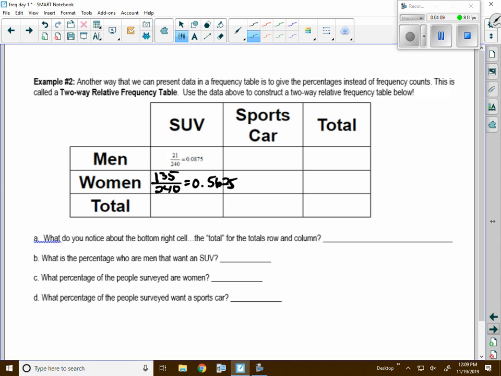I'm not going to write all of my fractions in here, but you're going to need a calculator. I'll just do this one in case you don't understand. You'll do 156 divided by your total, 240. Put it in your calculator and write down the decimal. I'll give you a minute or two to do that.